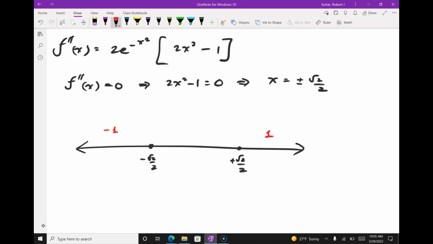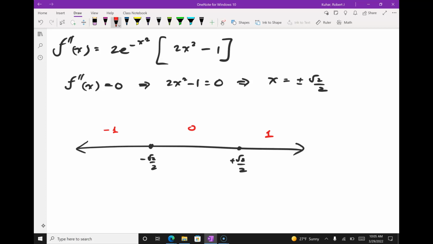And what do you want me to pick for the test value in the middle? 0, because that was my critical value from the first derivative. I want to use my criticals from the first derivative as test values for my second derivative test when possible. And so the question kind of becomes, are they always going to be possible test values?